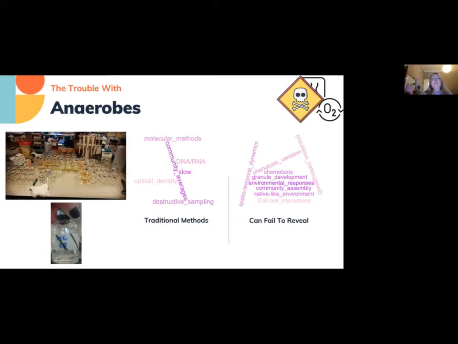And for anaerobic organisms, it's challenging because we have to create that anoxic environment for the microbial cells. And though authors have yielded incredible insights using these methods, the performance of individuals within the populations is masked.